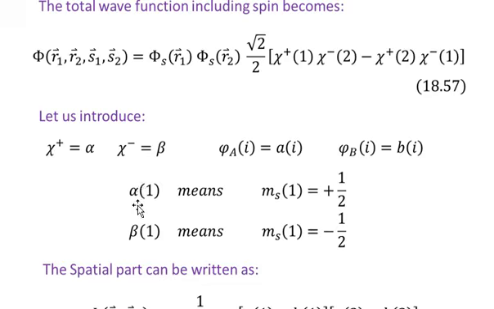So alpha stands for spin up and beta will stand for spin down, as we have defined here, that is chi plus is equal to alpha and chi minus is equal to beta.